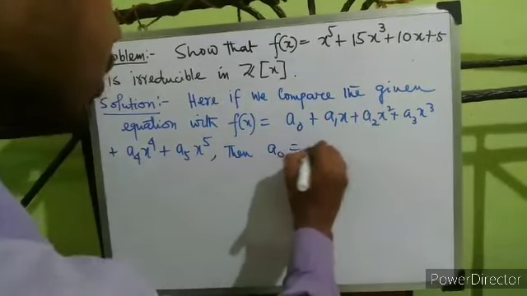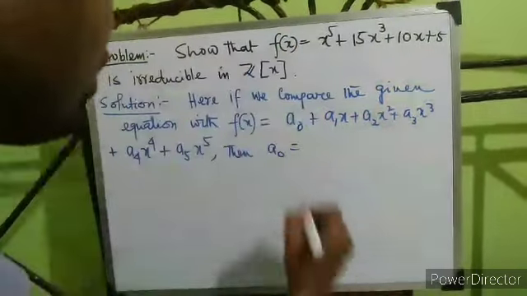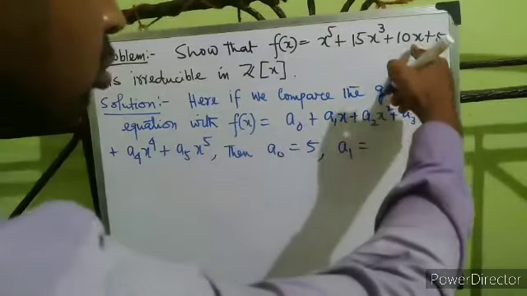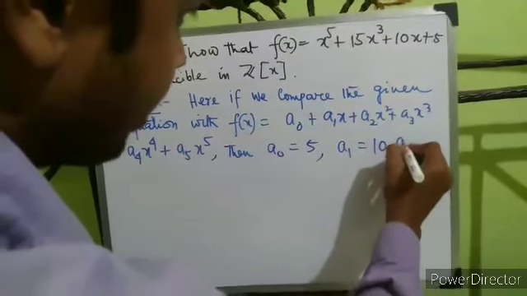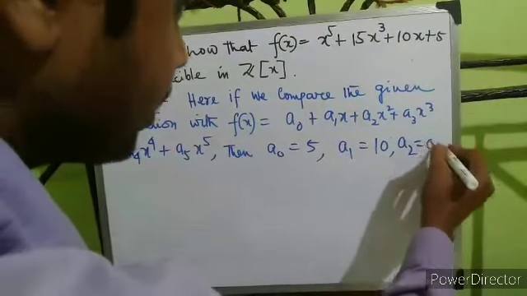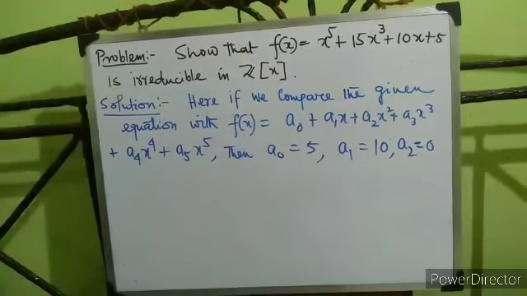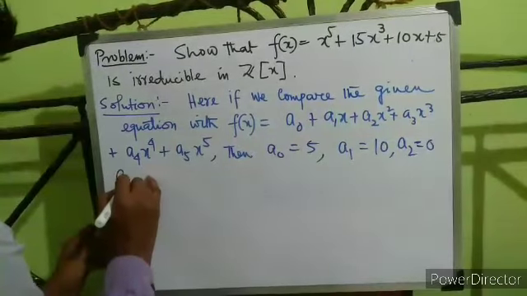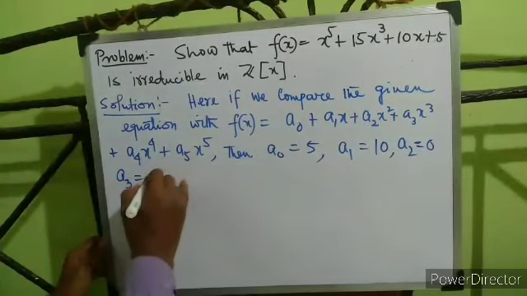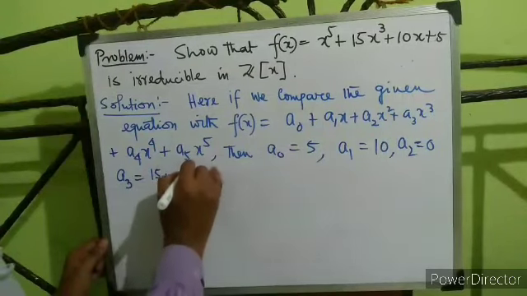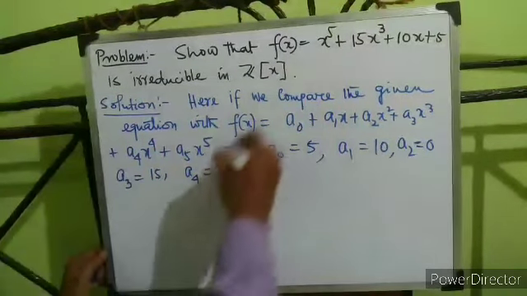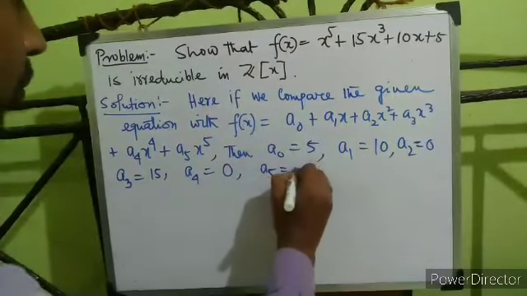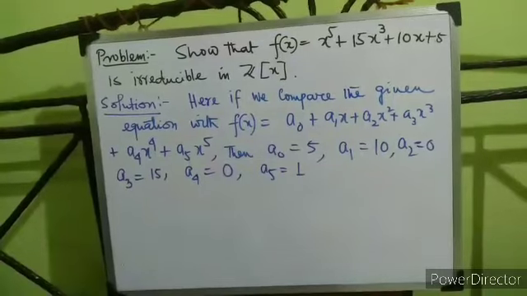Then a0 is equal to the constant term 5, a1 is equal to 10, a2 is equal to 0, there is no term of x square, a3 is equal to 15, a4 is equal to 0, no term of x to the power 4, and a5 is equal to 1, the leading coefficient.